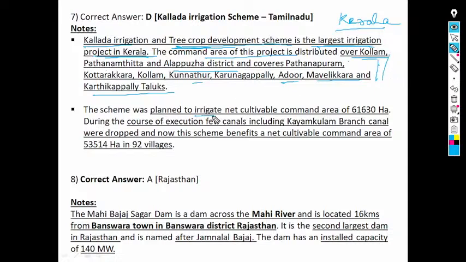This scheme was planned to irrigate a net cultivable command area of 61630 hectare.